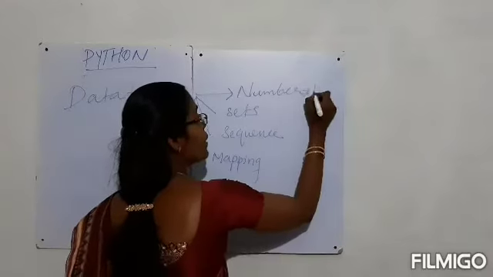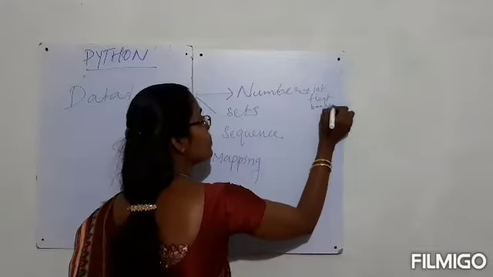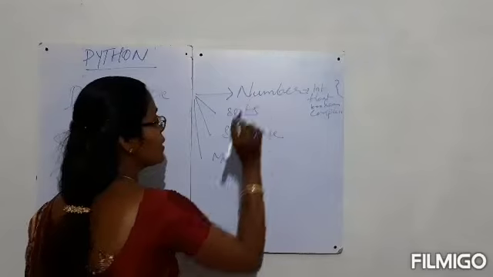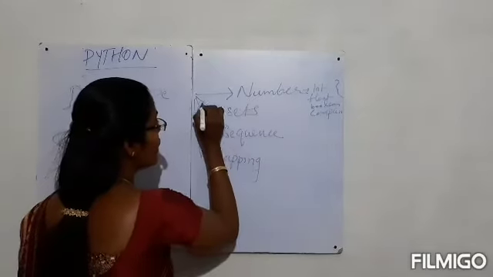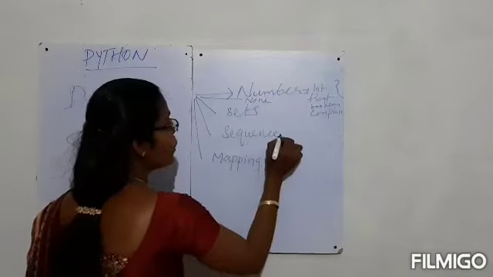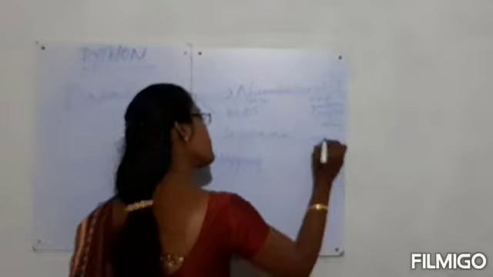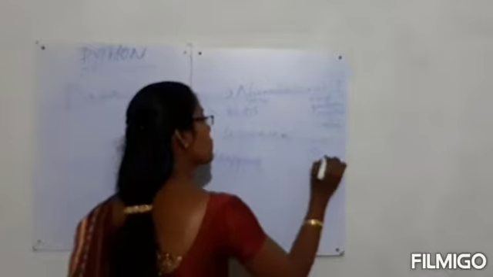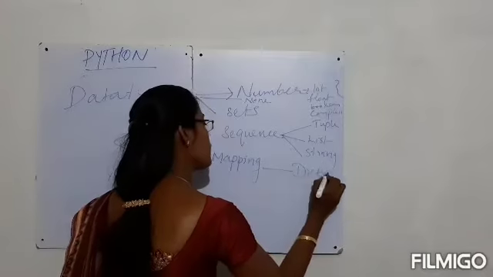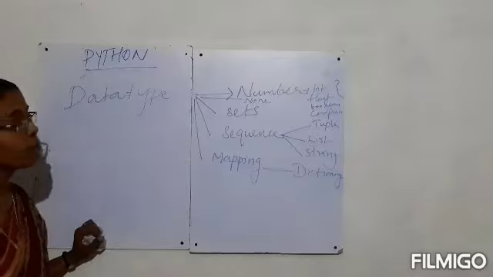Under numbers there will be integer, float, boolean, complex. None is also there. Then sets. Sequence has three types: tuple, list, string. Then mapping: dictionary. These are the data types available in Python.